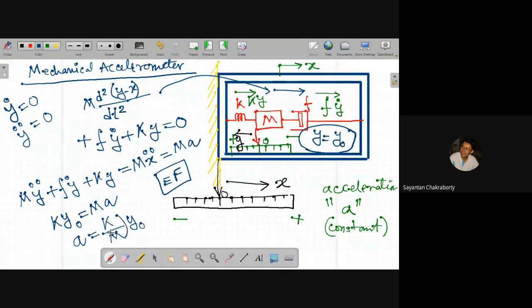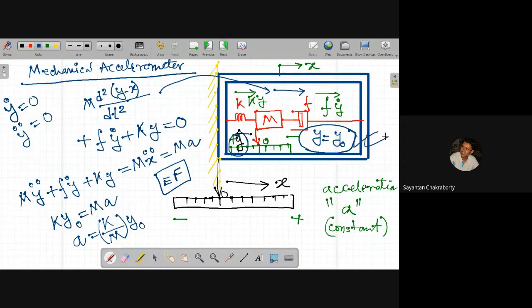It's a constant, obviously, since spring stiffness is constant and mass is also constant. So a is equal to k by m y0. So the acceleration can be read directly from the deflection y equal to y0.